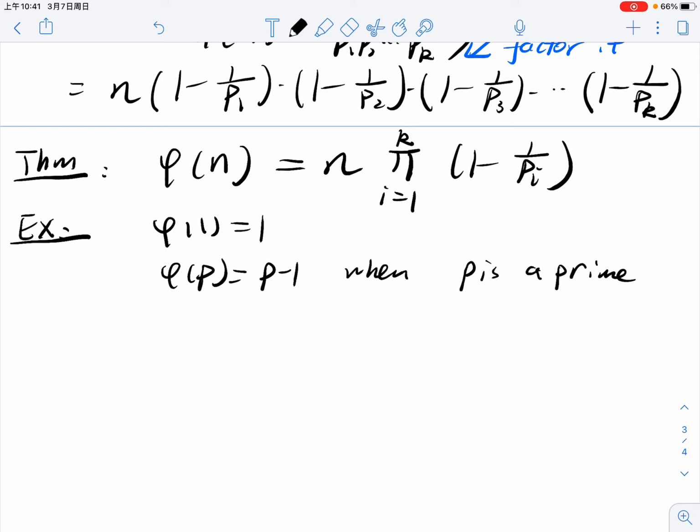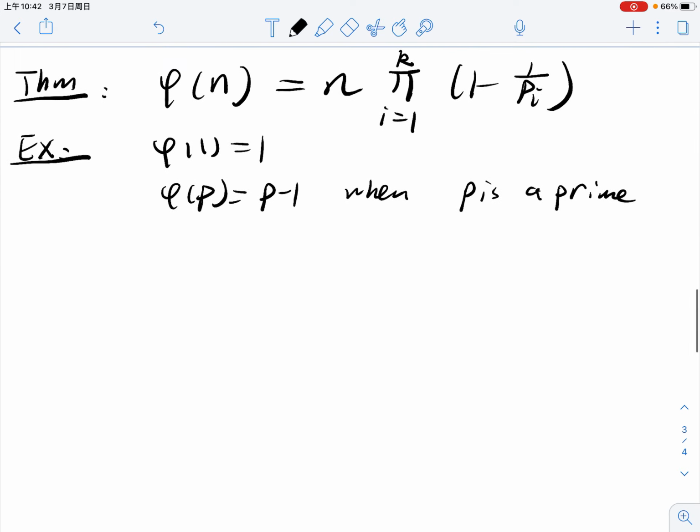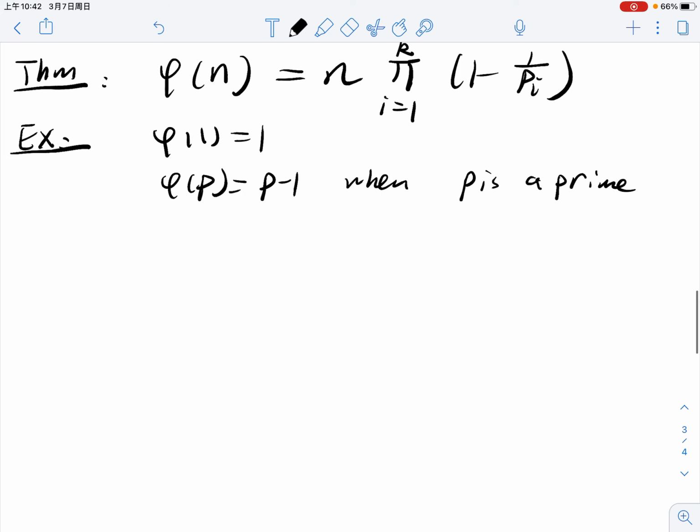But in other fields, even in mathematics, you need to explicitly say it. So if you read a paper and you recognize that this is a number theory paper, just keep in mind this is probably a prime instead of an arbitrary integer. For example, here, if p is not prime, it's definitely not correct.